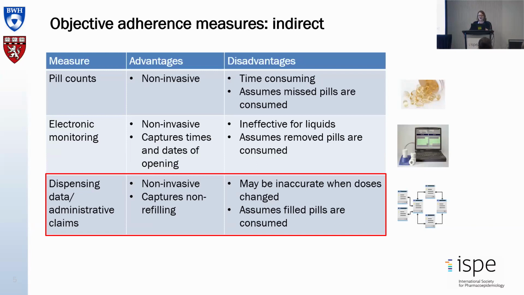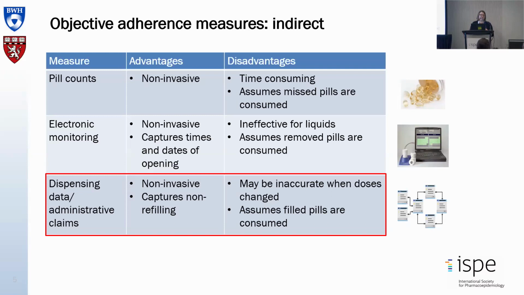But the biggest thing really is that we're assuming how patients are taking medication based on effectively their refill patterns and how they are filling in the dispensing data that we're looking at. So it gets challenging when doses are changed, when medications are switched, when medications are added, some of the multiple medication stuff Robert was talking about.